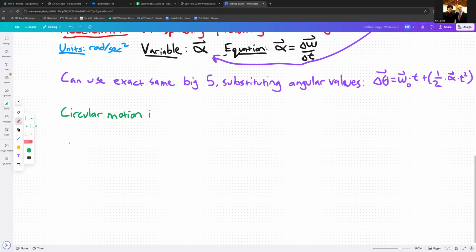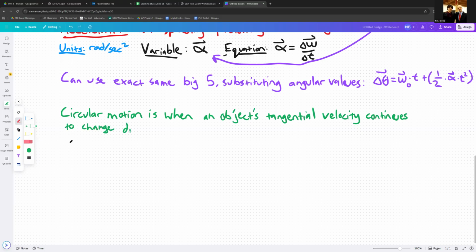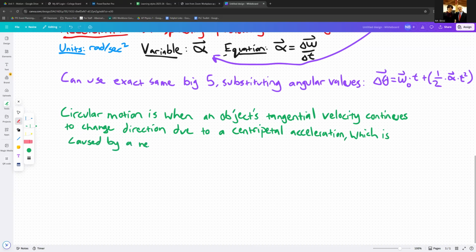is when an object's tangential velocity continues to change direction due to a centripetal acceleration which is caused by a net inward.